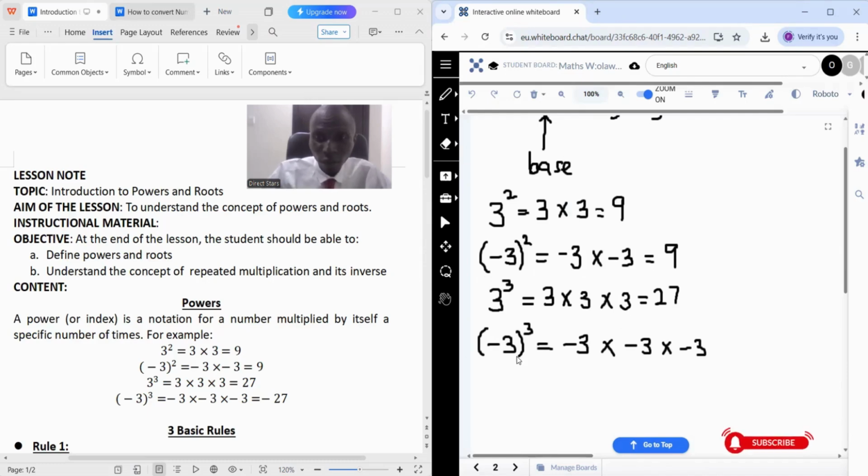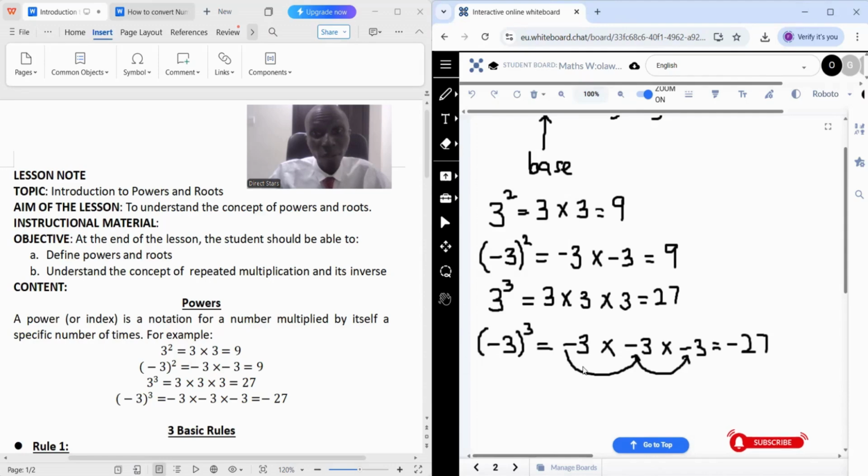So here we have minus times minus, that's going to give us plus. Then plus times minus, that's going to give us minus. So we have minus first when we multiply the minus sign. So now let's multiply the numbers. 3 times 3 is 9, and 9 times 3, we're going to have this to be 27. So we have minus 3 raised to the power 3 to give us minus 27.